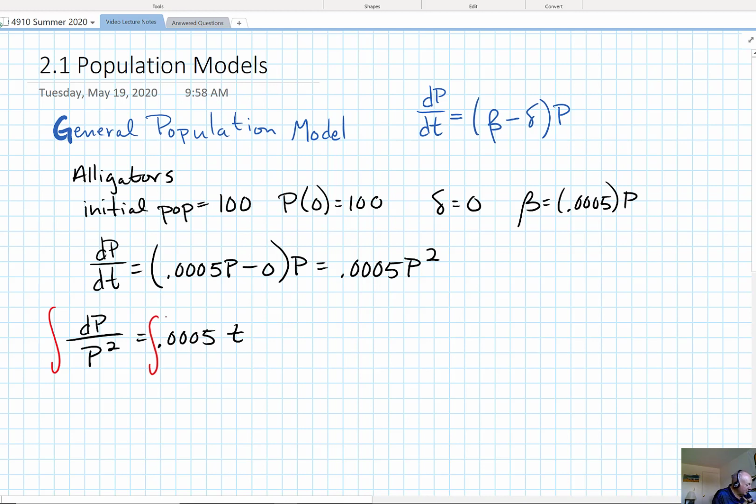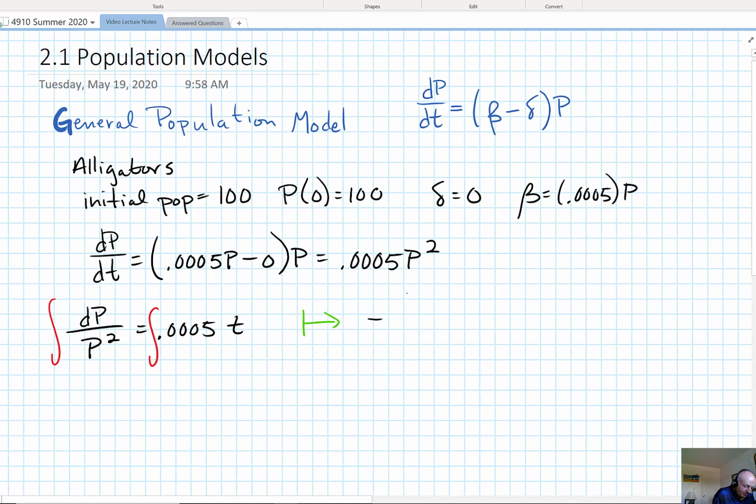So if I integrate both sides, we get -1 over P equals 0.0005 t plus c. Sorry, let me back up a moment. If I could edit this out, I would.